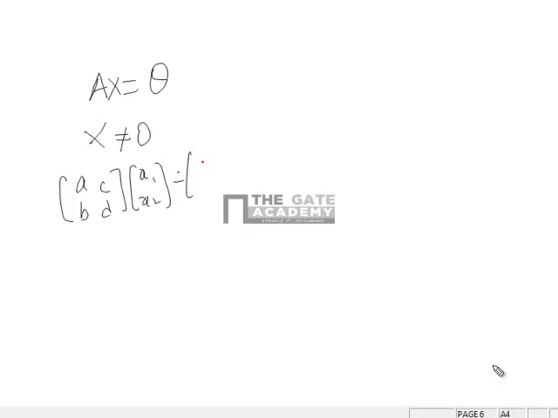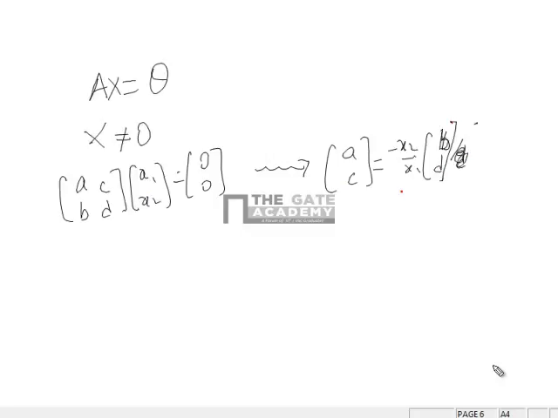So what were we discussing? We were discussing the system AX equal to 0 and X is not 0. Correct? I have a non-zero X but still I get 0 as output. When is this possible? Say, if I take this as a 2 cross 2 system, I have x1, x2, this is equal to 0, 0, and from here we analyzed that AC is equal to minus x2 by x1 times BD.